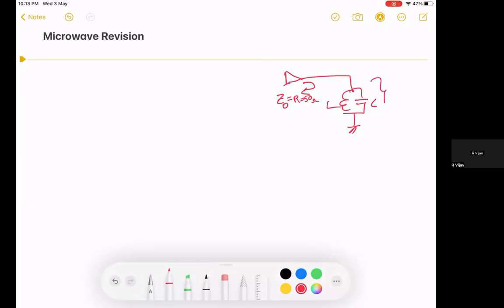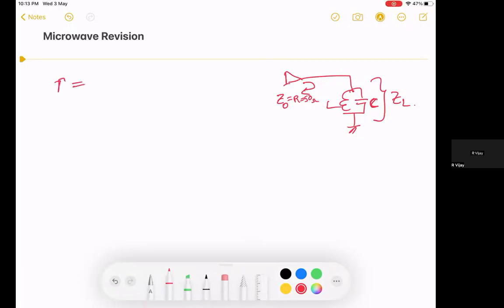So I can basically consider this thing as Z_L, which is what I'm calling my load. For this very simple case, the expression for the reflection coefficient is also very simple. That's the basic thing you do.